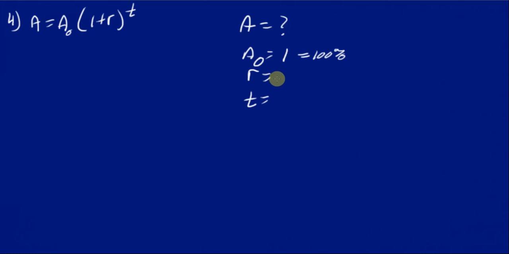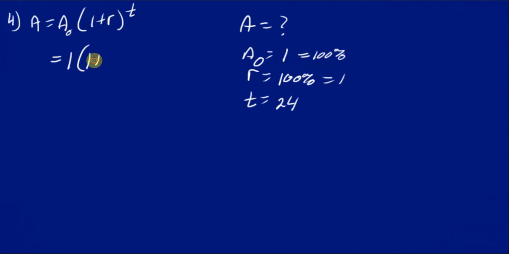All right, now it doubles every hour. So if I'm doubling, that is also a 100% increase. So that's going to equal 1 here on this end too. And we want to know at the end of the day, so we're going to go ahead and use 24 hours because it doubles every hour. So my beginning amount is 1.